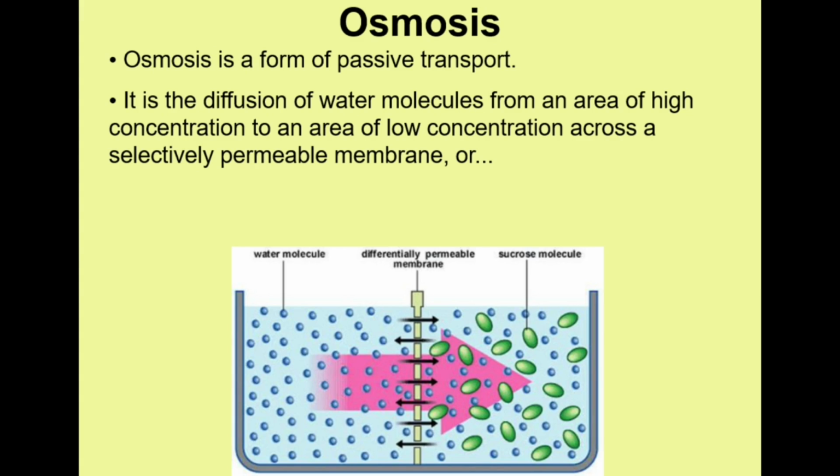So what we're talking about here is specifically the diffusion of water across a selectively permeable membrane, such as the cell membrane. The simple way of looking at this is, if you have a lot of water molecules on one side of the membrane and not very much on the other, water will diffuse down that concentration gradient until it is evenly distributed on both sides of the membrane.